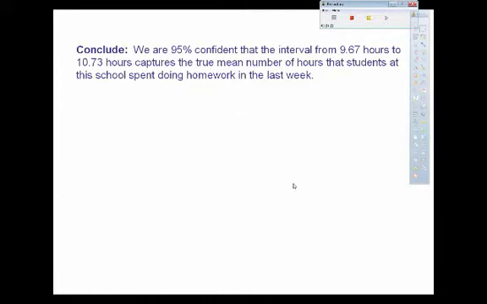So we can conclude that we are 95% confident that the interval from 9.67 hours to 10.73 hours captures the true mean number of hours that the students at this school spent doing homework in the last week.